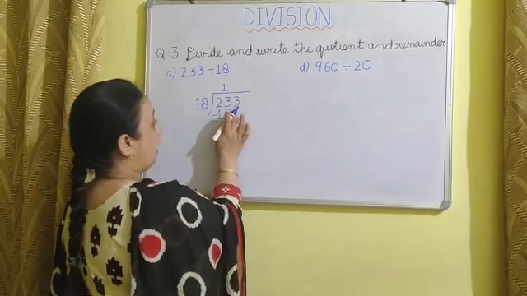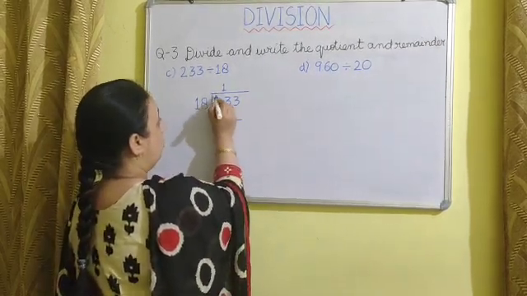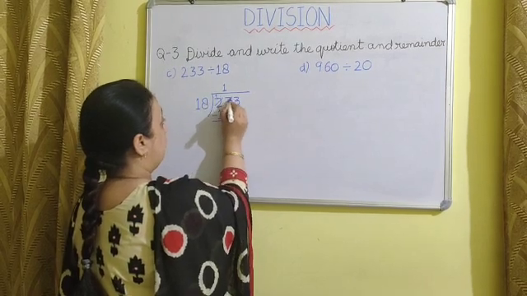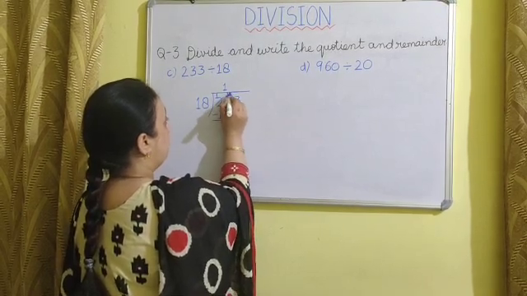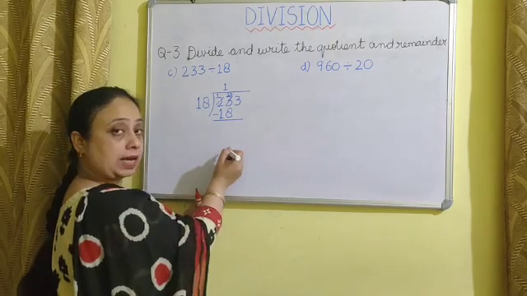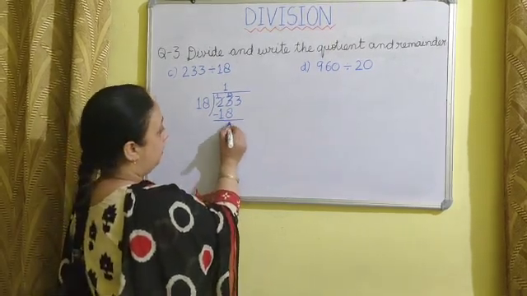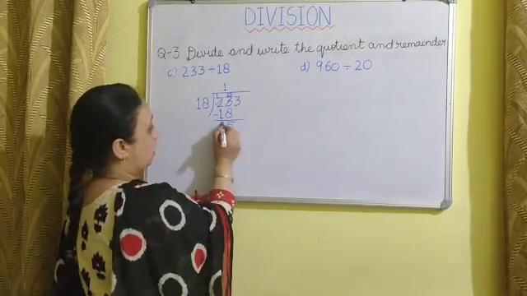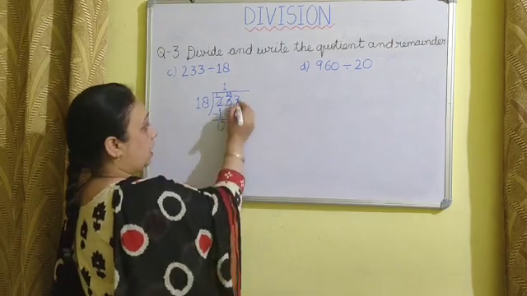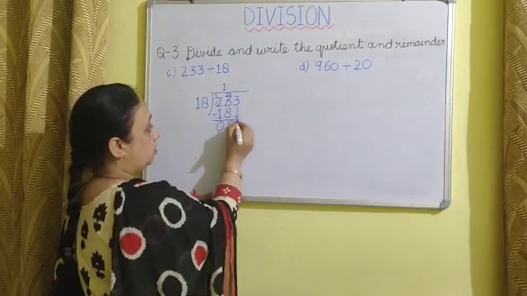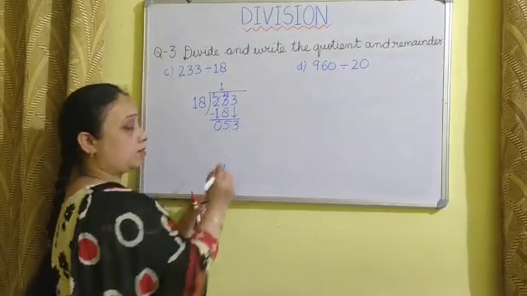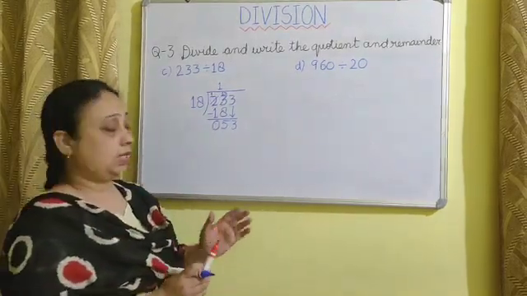Before subtracting, we have to borrow. This will become 1 and this becomes 13. 13 minus 8 is 5 and 1 minus 1 is 0. Now we'll copy down this 3 and we have the number 53.